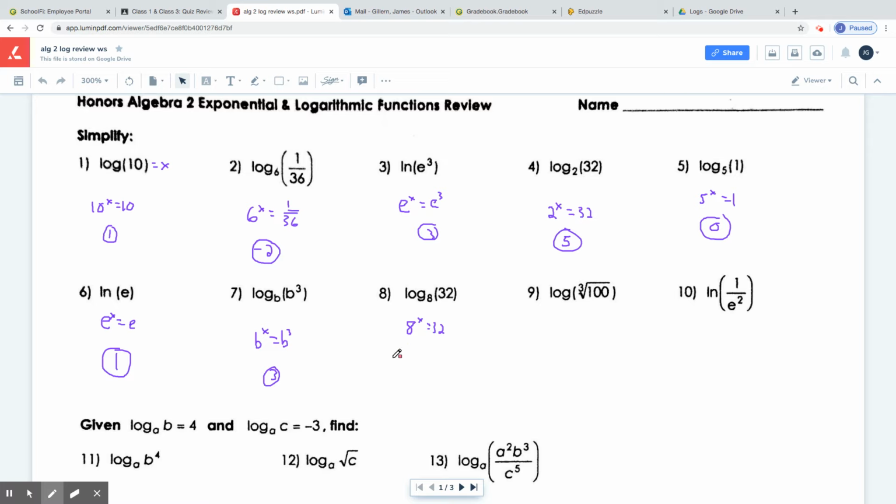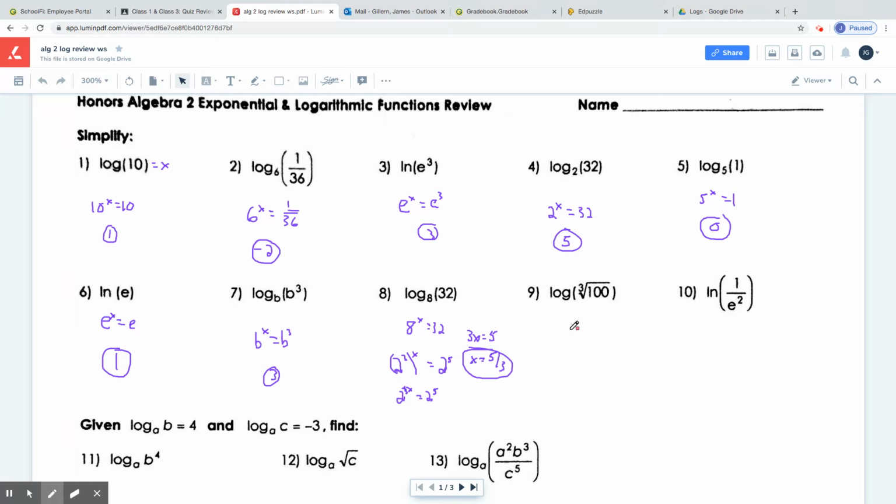I can rewrite 8 as 2 cubed, to the x, equals 32, which is 2 to the fifth. So basically, this is 2 to the 3x equals 2 to the fifth. So you set the exponents equal to each other, and you get 3x equals 5, x equals 5 thirds. That is your answer.